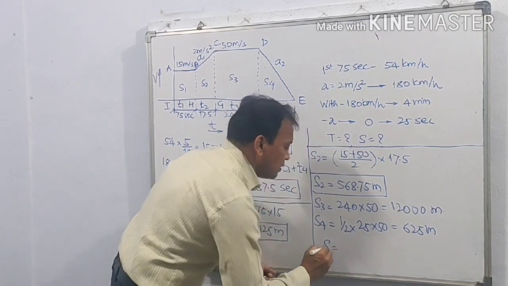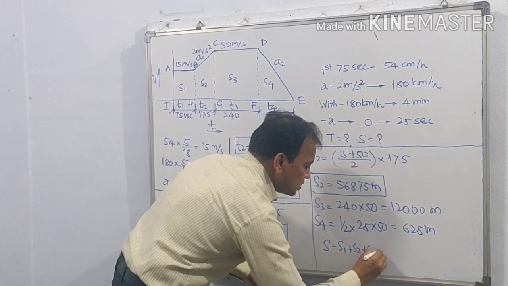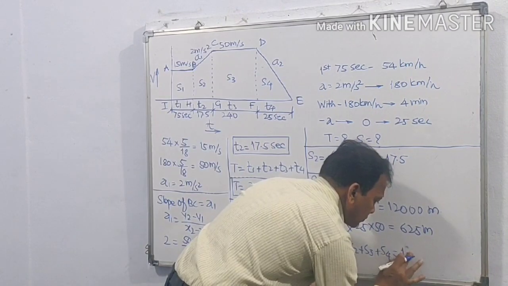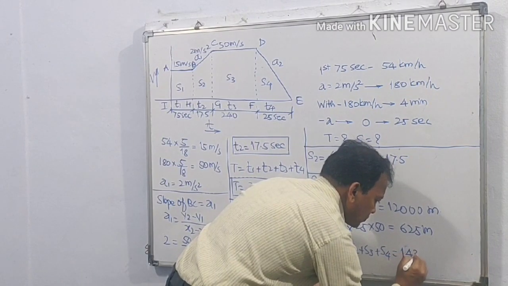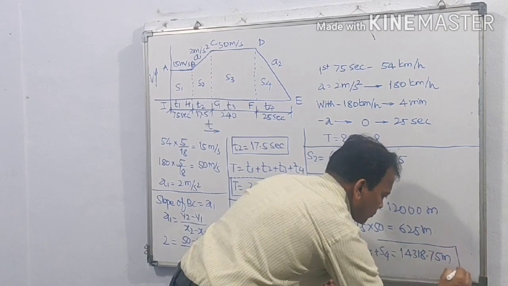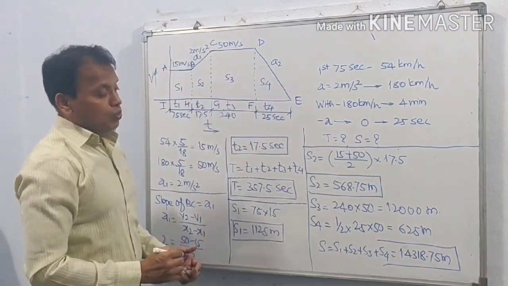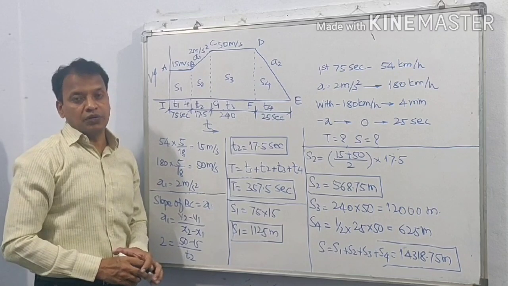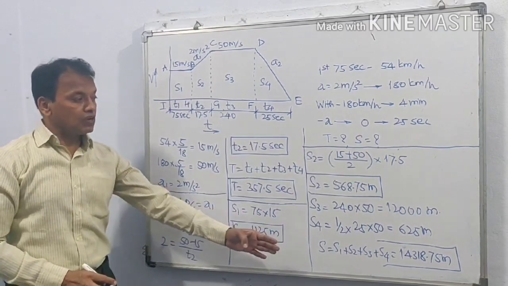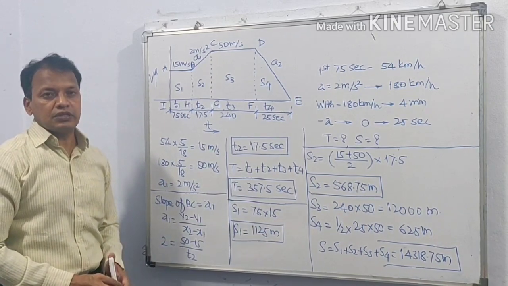Total distance traveled is equal to S1 plus S2 plus S3 plus S4 is equal to 14,318.75 meter or 14.318 kilometer. Thus we have found total distance traveled and total time required, that is 357.5 seconds.